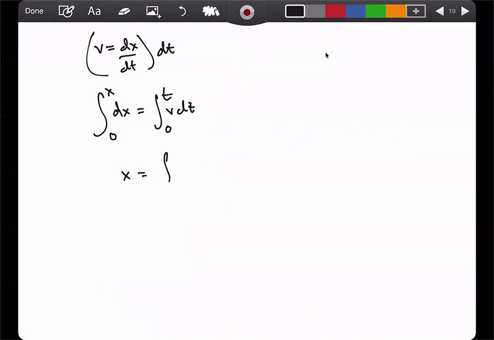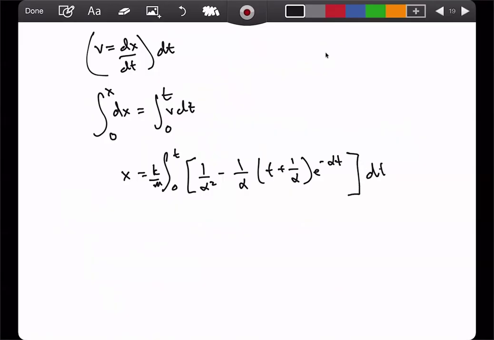And then this side is going to be equal to the integral from 0 to t of k over m, which is a constant, so we pull that out front. Then we get a 1 over alpha squared, and here I'm just combining terms, times 1 over alpha t plus 1 over alpha e to the minus alpha t, dt. Awesome. So let's rearrange. I get k over m times 1 over alpha squared integral dt from 0 to t.